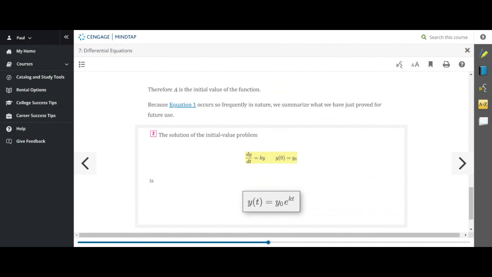But now you know why it's true: in certain kinds of population growth and radioactive decay, the growth rate of the amount is proportional to the amount at time t, and then you get that solution.